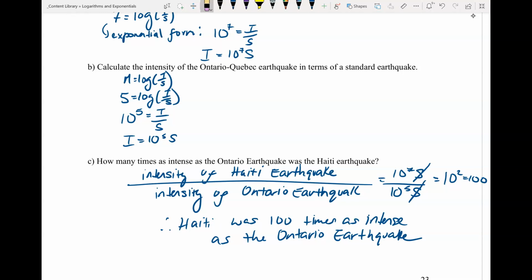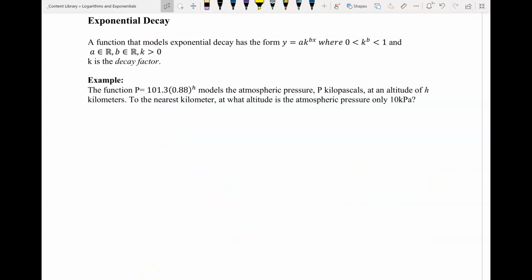And that's it. For our last example, we're going to look at exponential decay. So this is a function that models exponential decay and has the form of y equals a, k as your base to the power of bx. And k is a number between 0 and 1. K is also called the decay factor.